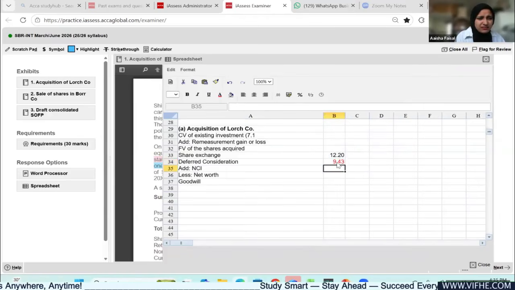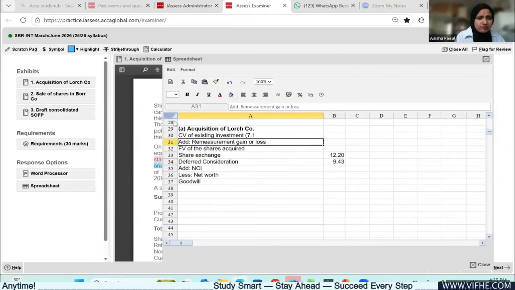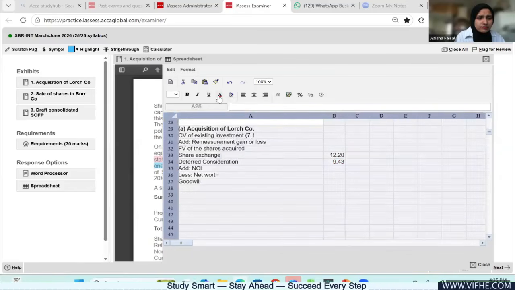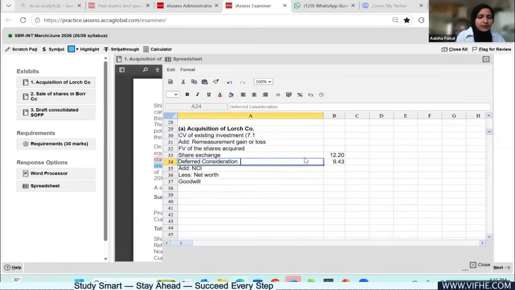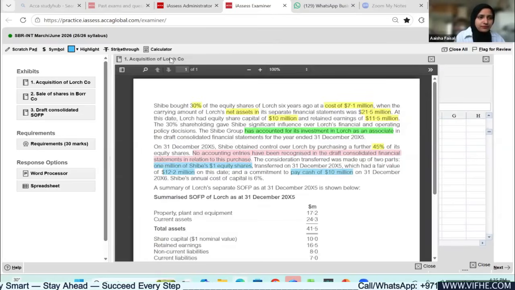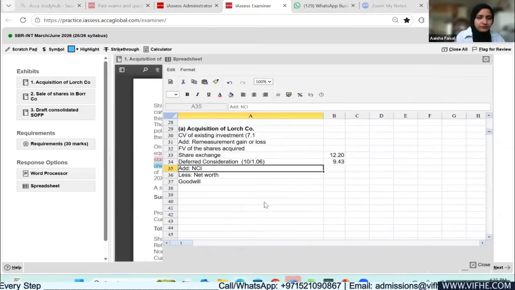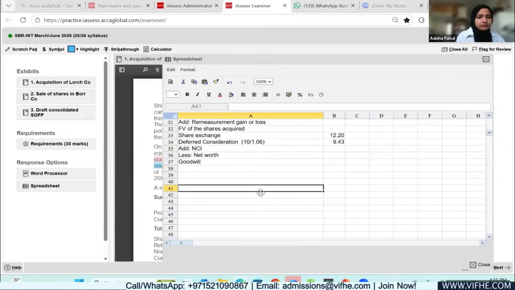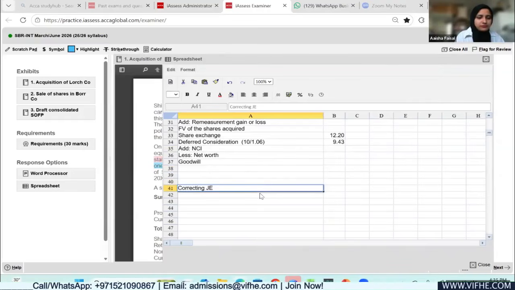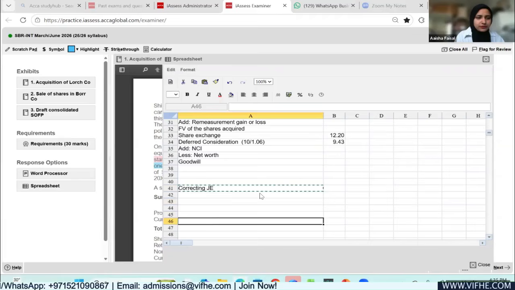Why is this red? Okay, I'll just show you what I did over here: 10 divided by 1.06. Okay, so this I'm done. I'll put it further down.